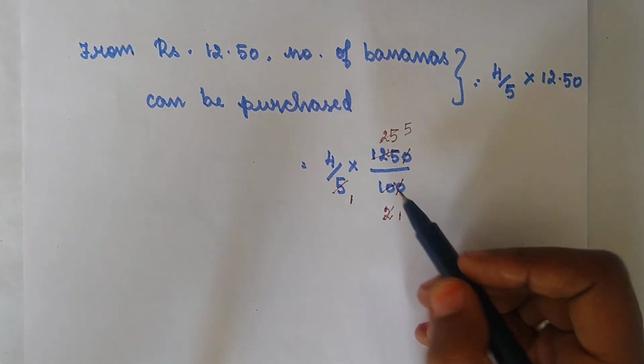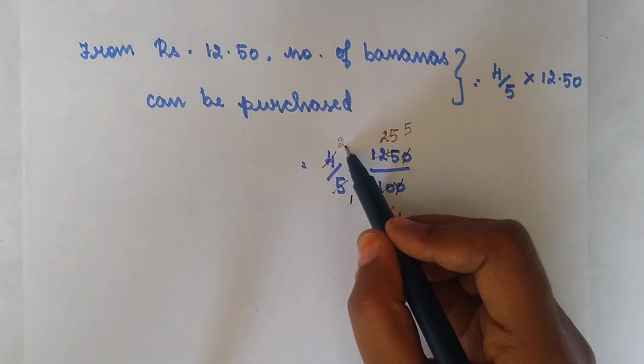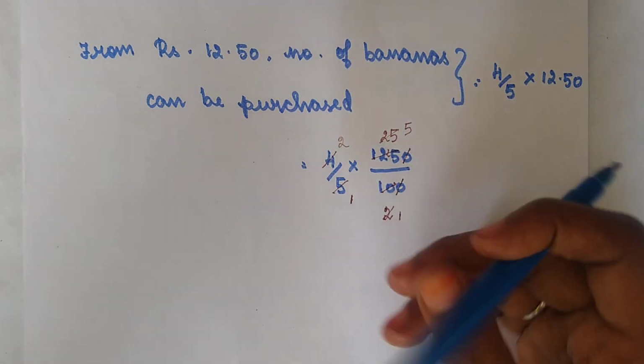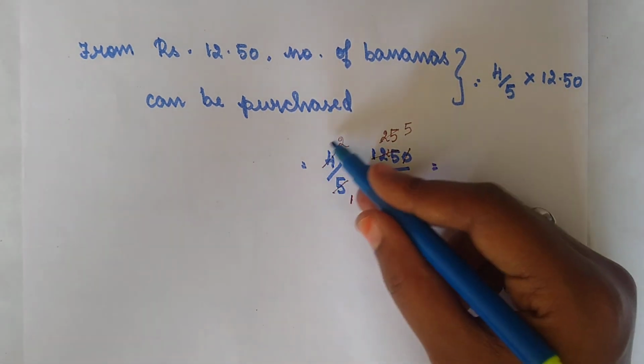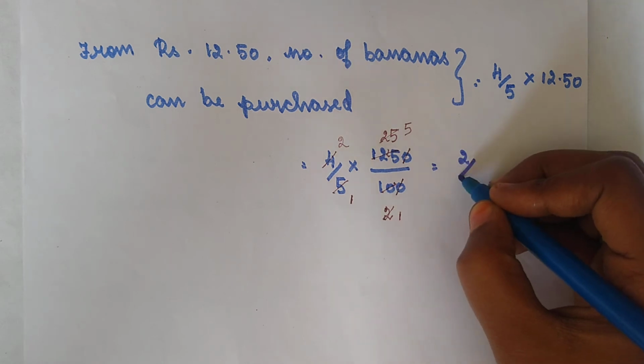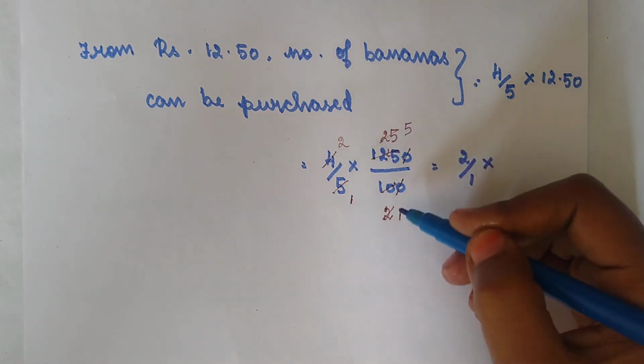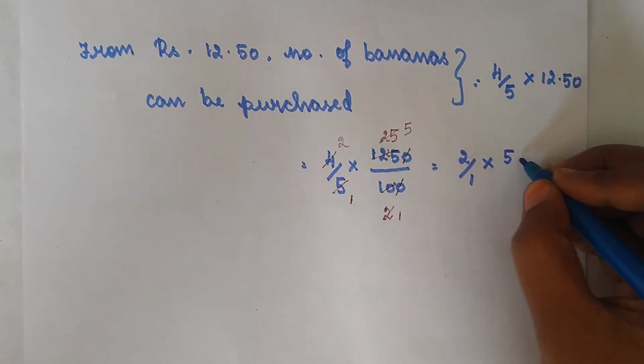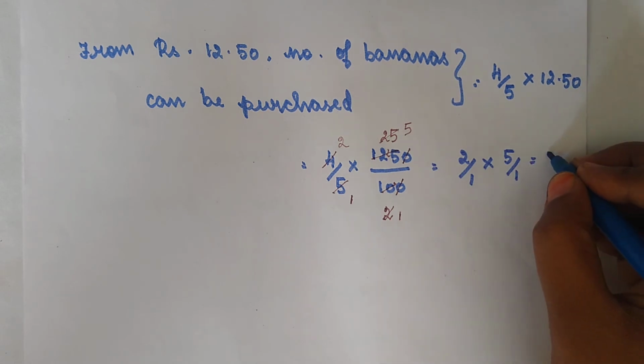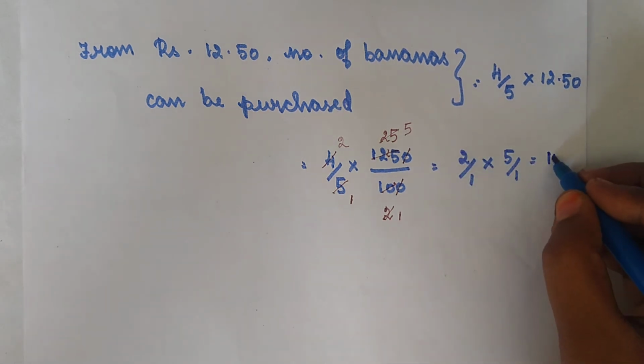Next we have to cancel in 2 table, 2 2s are 4. So here we have in this term 2/1, here 5/1. It is nothing but 2 5s are 10.